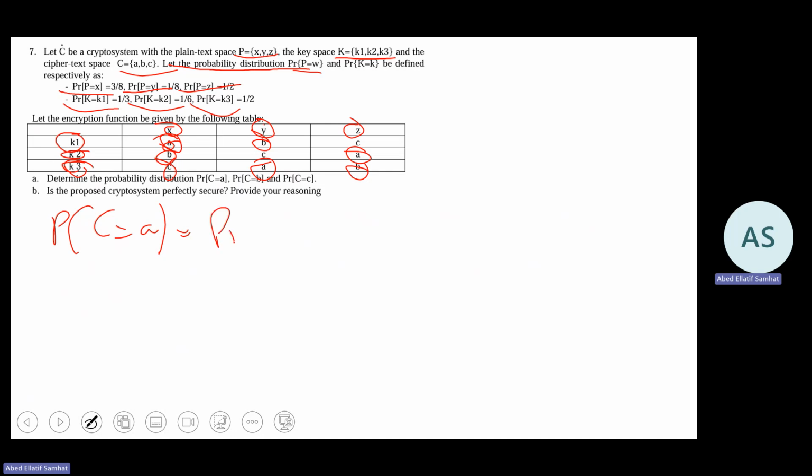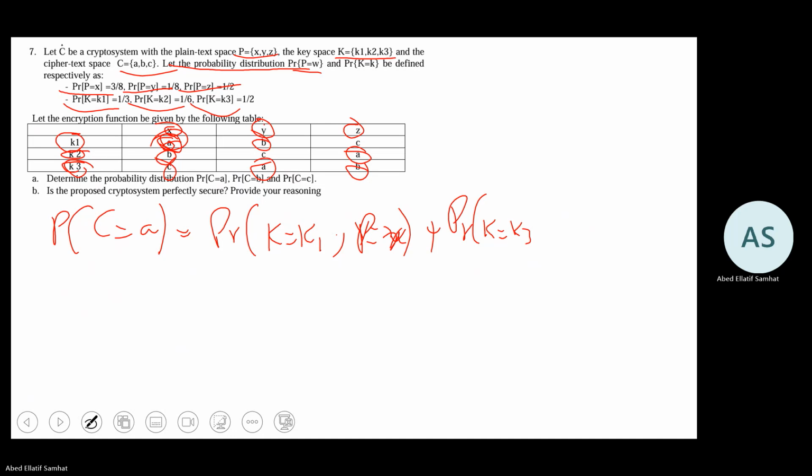It's the probability that the key equals key1 and the plain text equals x, plus the case where the key equals k3 and the plain text equals y.